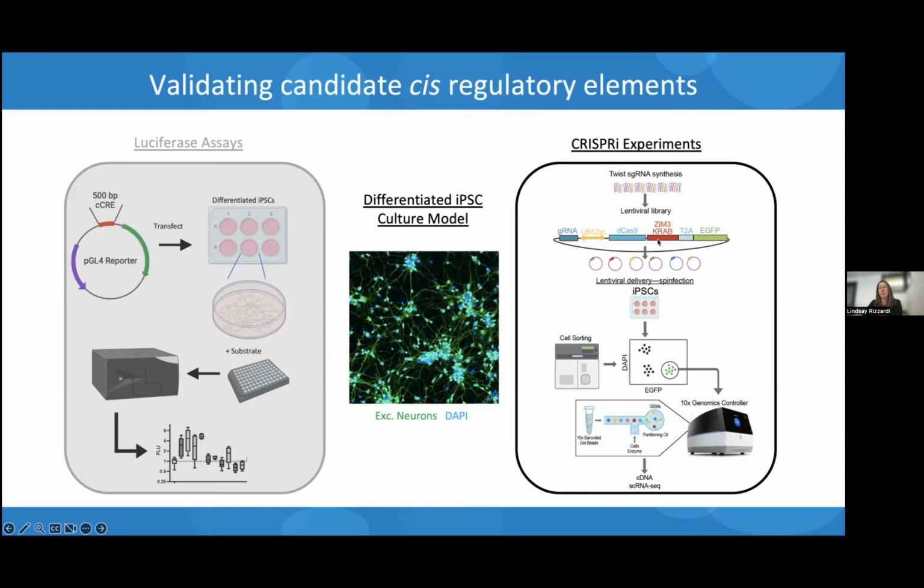So this is going to recruit repressors to that region and prevent it from being able to stimulate activity. And we introduce this vector into iPSCs, differentiate them, and then sort out GFP positive cells that got the vector, and then perform single cell RNA-seq on those.